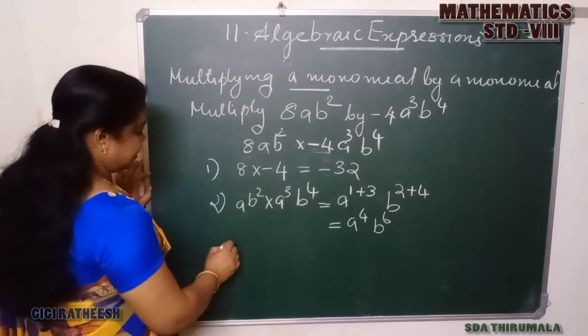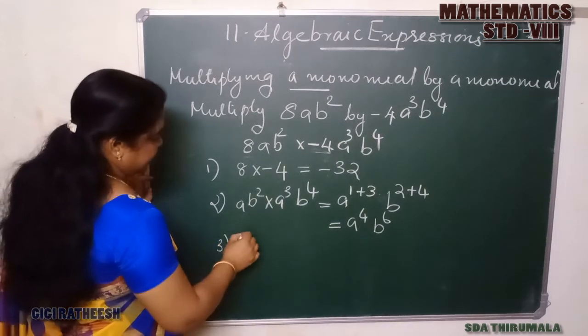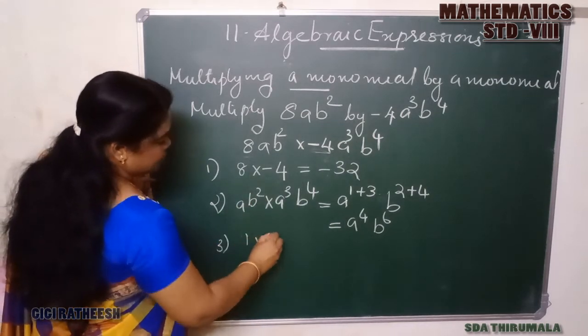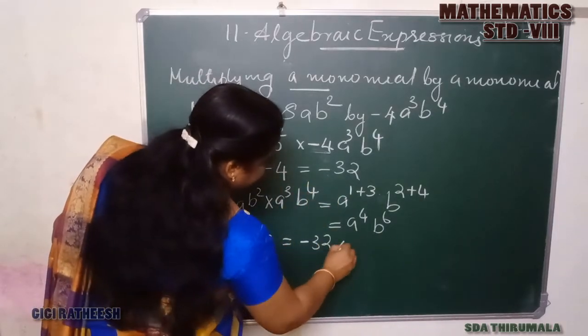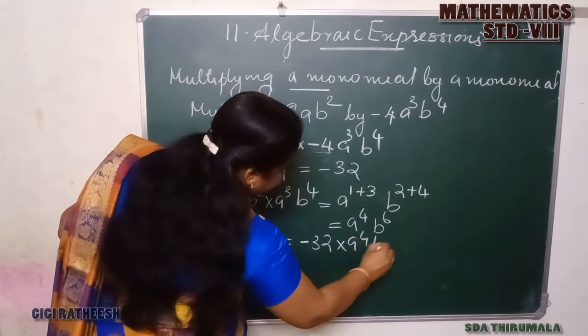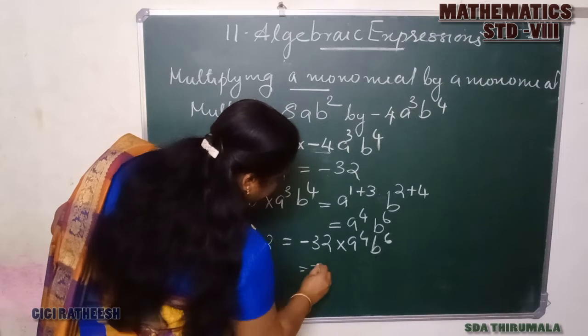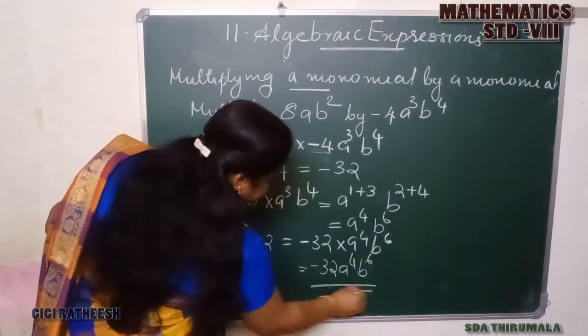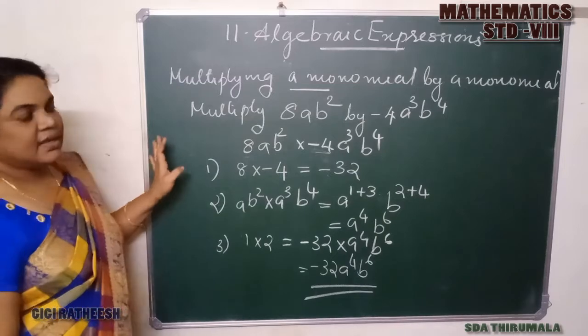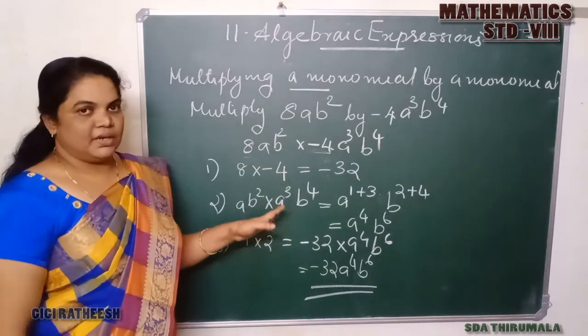And the third step is multiplying: minus 32 into a raised to 4, b raised to 6 is equal to minus 32a raised to 4, b raised to 6. This is the answer for multiplying a monomial by a monomial.